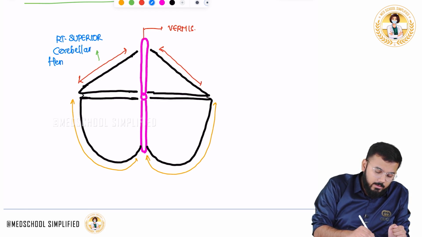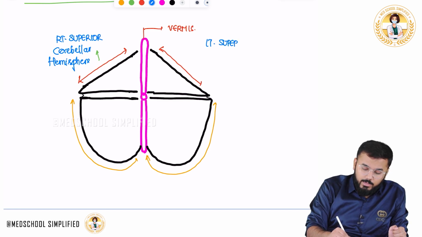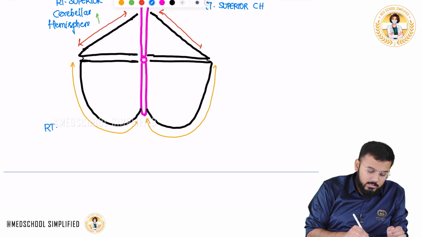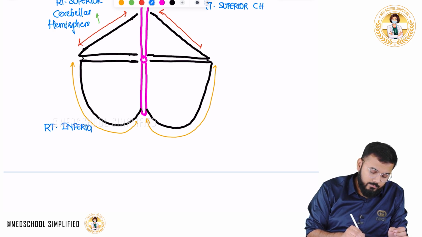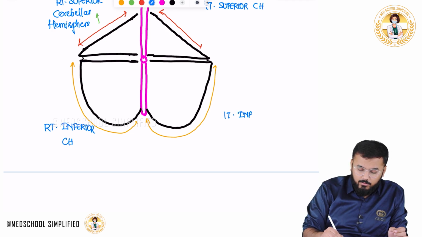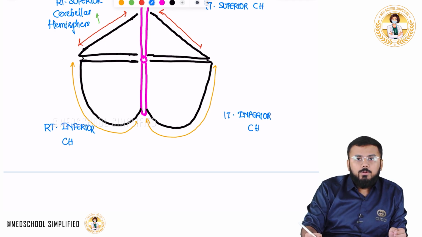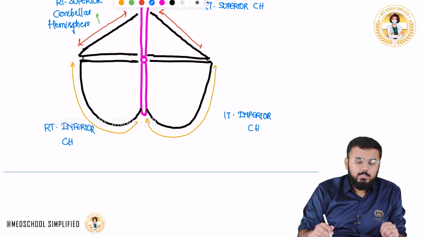Then this one I have to write as left superior cerebellar hemisphere. Now what will this be called? This is called right, now superior or inferior? This is inferior, right inferior cerebellar hemisphere. This is your left inferior cerebellar hemisphere. Right superior, right inferior, left superior and left inferior cerebellar hemisphere.